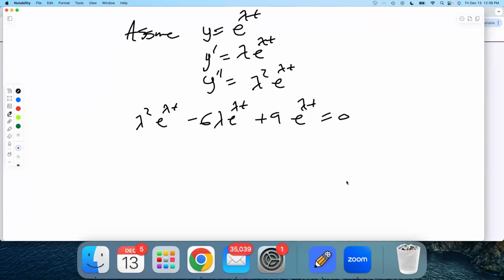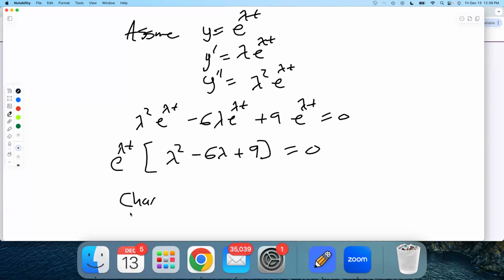We factor out that e to the lambda t because it is a common factor. And we're left with our characteristic polynomial in the brackets. Remember, this guy never equals 0, so we can just divide it out. And here is our characteristic polynomial, lambda squared minus 6 lambda plus 9 equals 0.